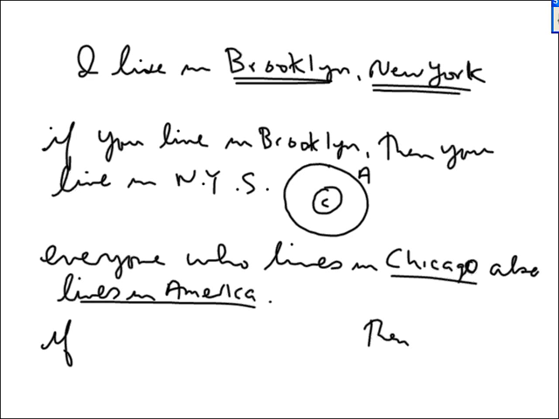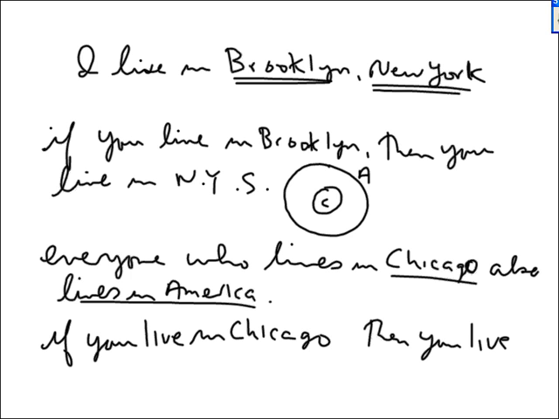So if you live in Chicago, then you live in United States of America. But again, it doesn't have to be true. I can say, if you live in America, you must also be living in Chicago.